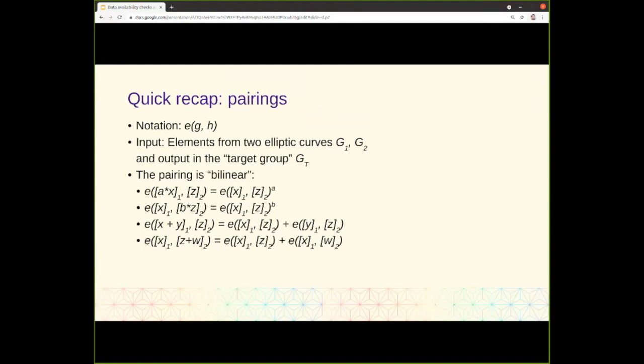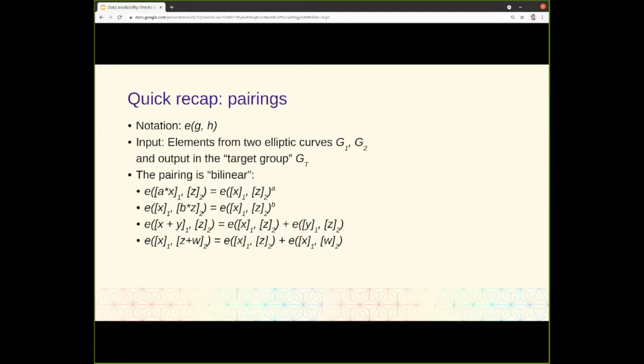So basically, if you take... it's basically the same as what you know under bilinear and linear algebra, except the one strange thing is that the group GT, for historical reasons, we usually write it as multiplicative.